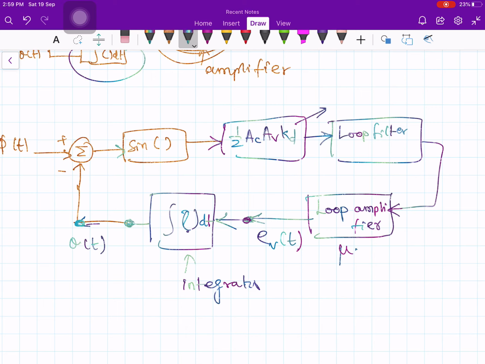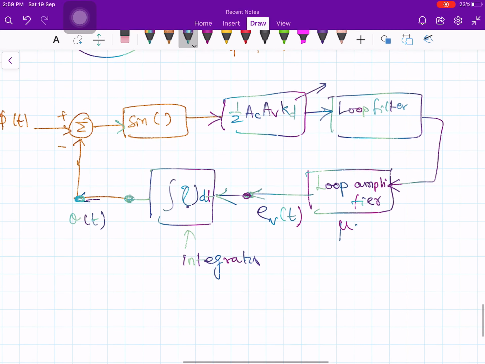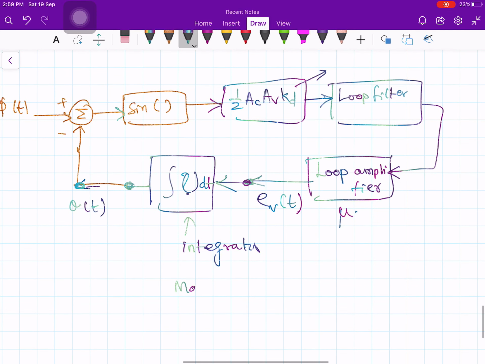So like this. I think this figure is fairly enough to understand the concept. This should be fairly clear from the development that we carried out. So this is the mathematical model.